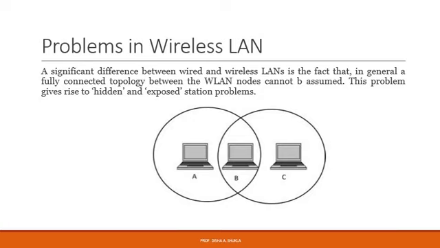That means the data from both parties, A and C, will be lost. Hidden node means increased probability of collision at the receiver end.